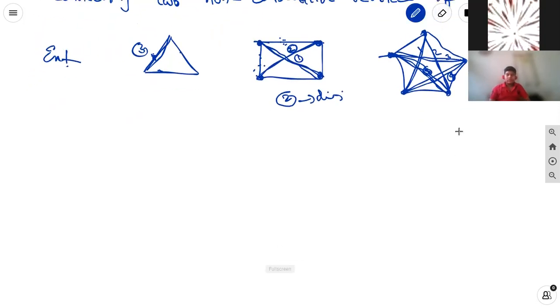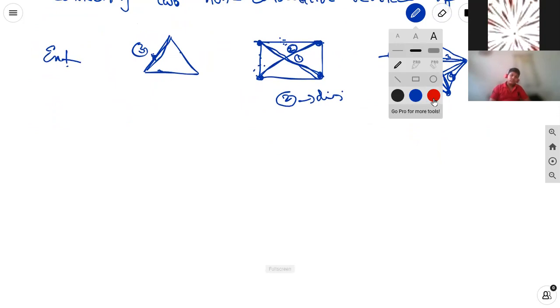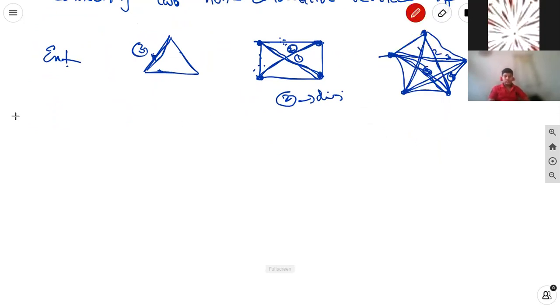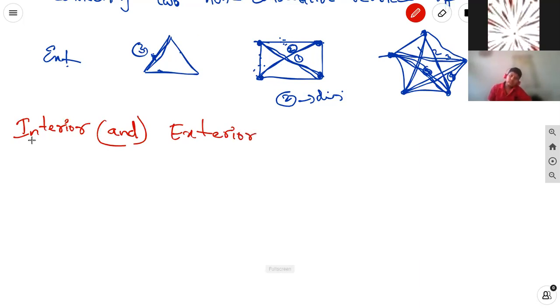Okay. Next, what is the interior area, what is the exterior area. It is also important. Interior and exterior. Interior means inside of the area is called the interior area.